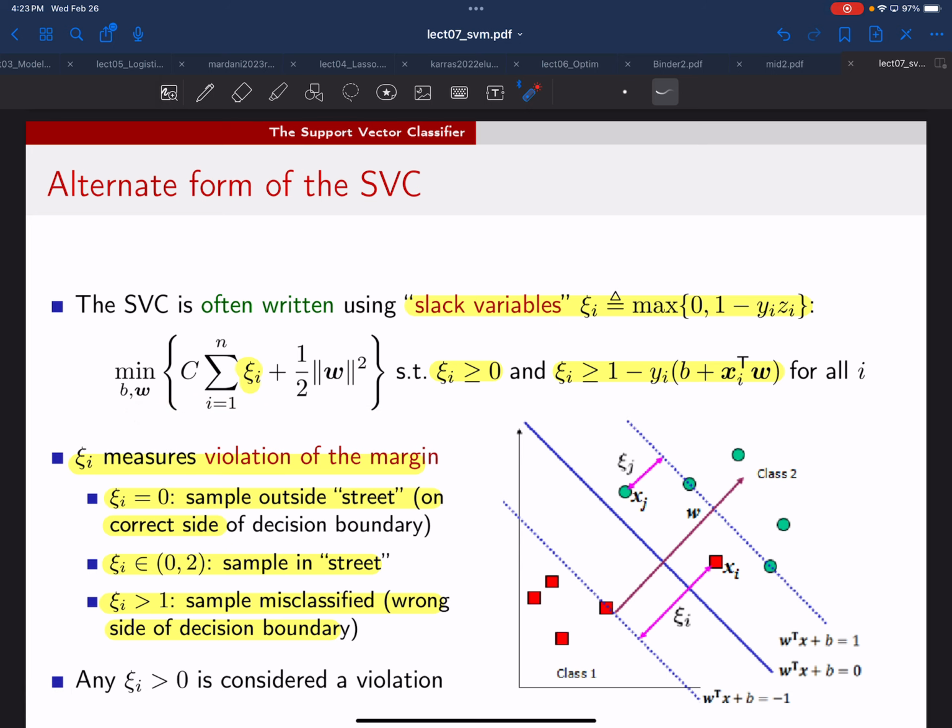And also there's an interpretation to these slack variables. The slack variables tell you how much the margin is violated. So if you find that a slack variable is 0, it means that that point is basically outside the street, so it's not one of your support vectors.